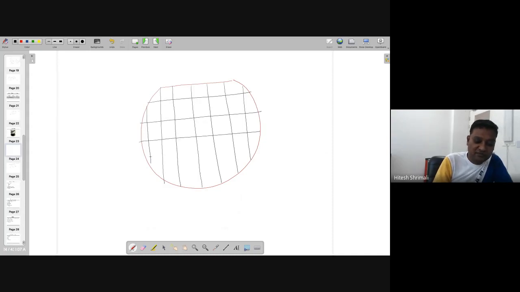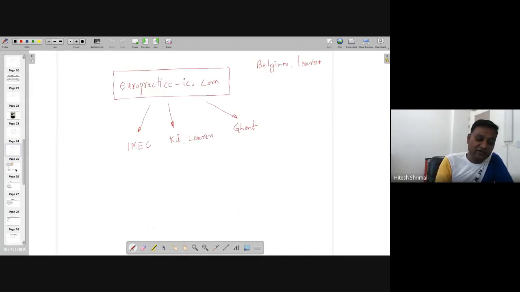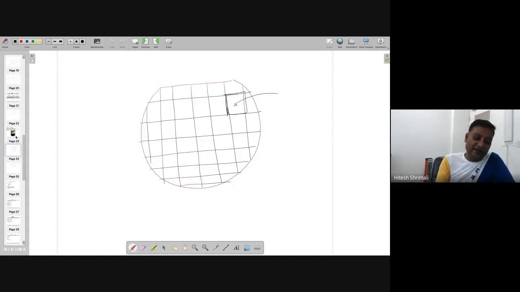Each square box is actually one IC or one design. All other boxes may be identical, or maybe all are different. But what this Europractice says is, if I am a company and I want to do this, so much money will be needed.